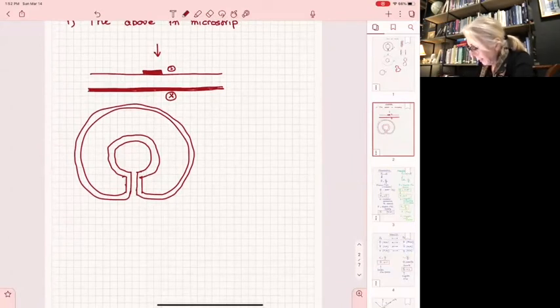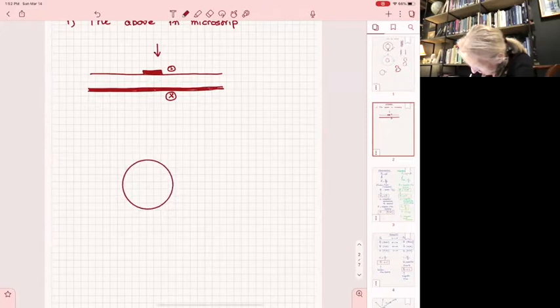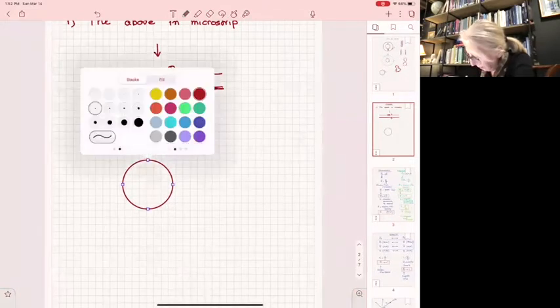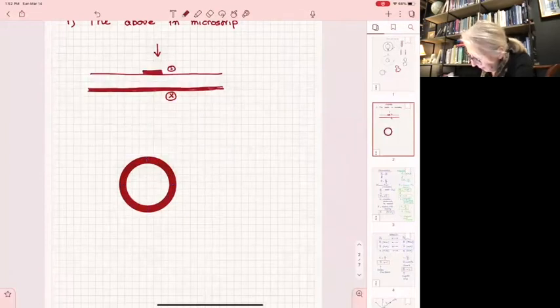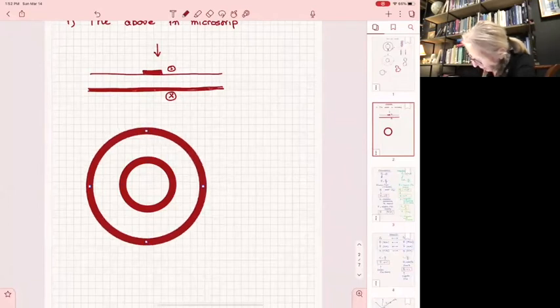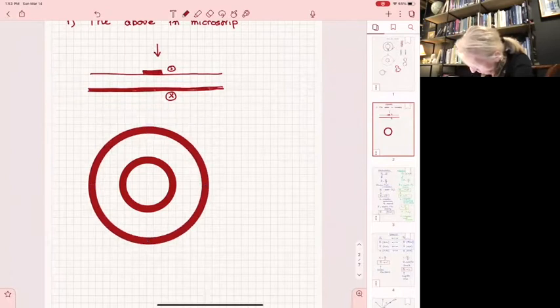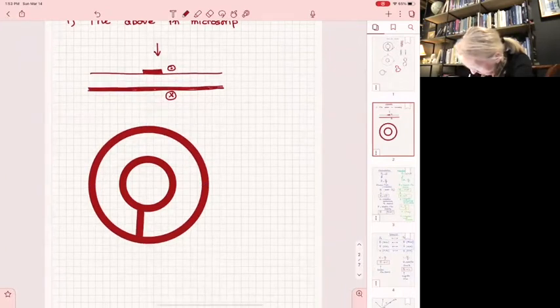So in fact, let me do it better than this. I'll show you how I'm going to do better. I'll do something like this, and then I will do it very thick. And then I will do the other one like this, and then this one and this one.